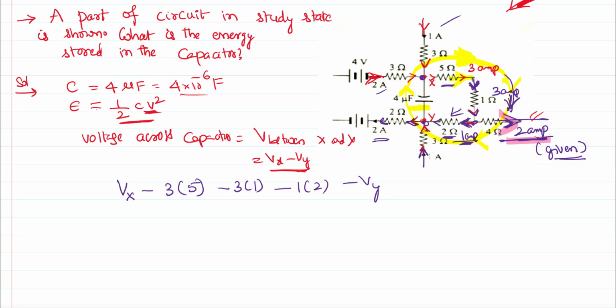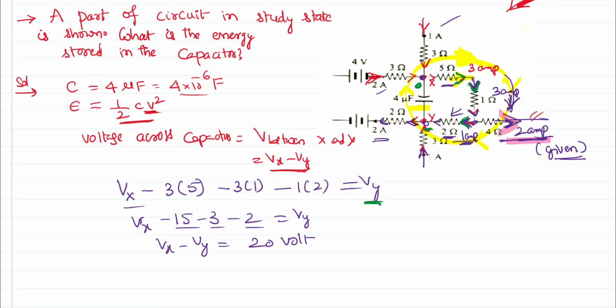So if I simplify, Vx minus 15 minus 3 minus 2 equals Vy. Taking Vy to this side, Vx minus Vy is 15 plus 3 is 18, plus 2 is 20.